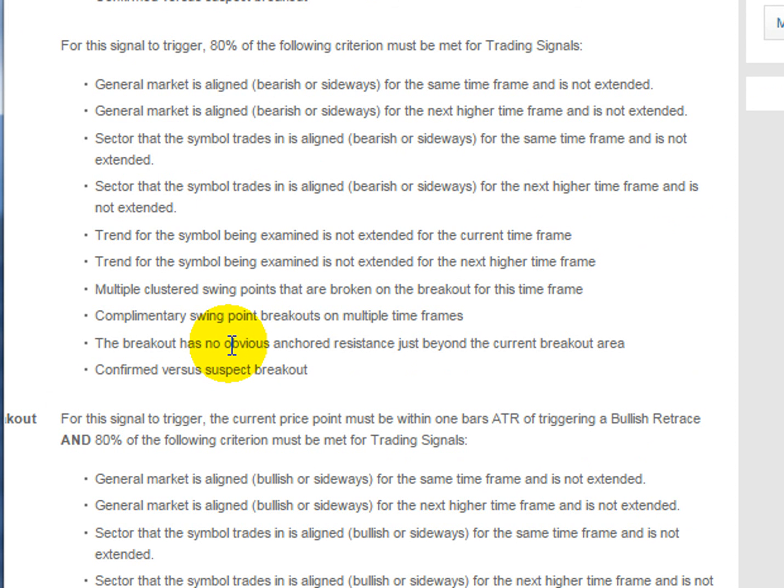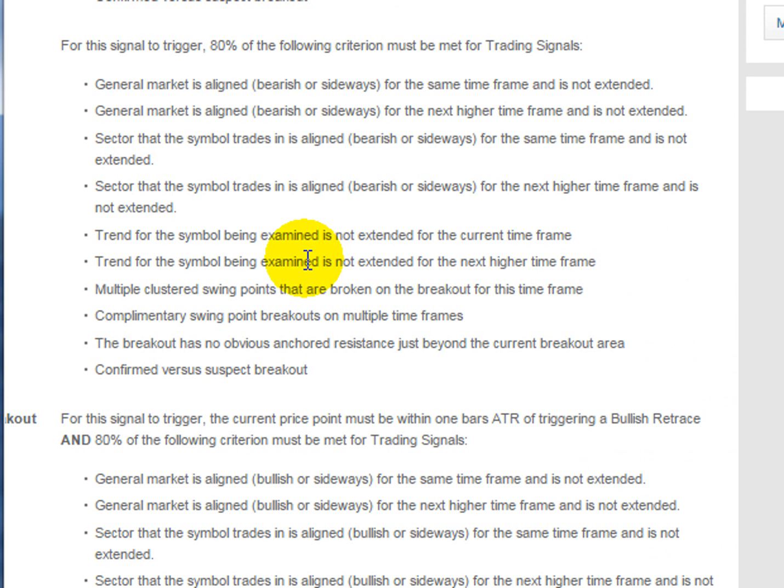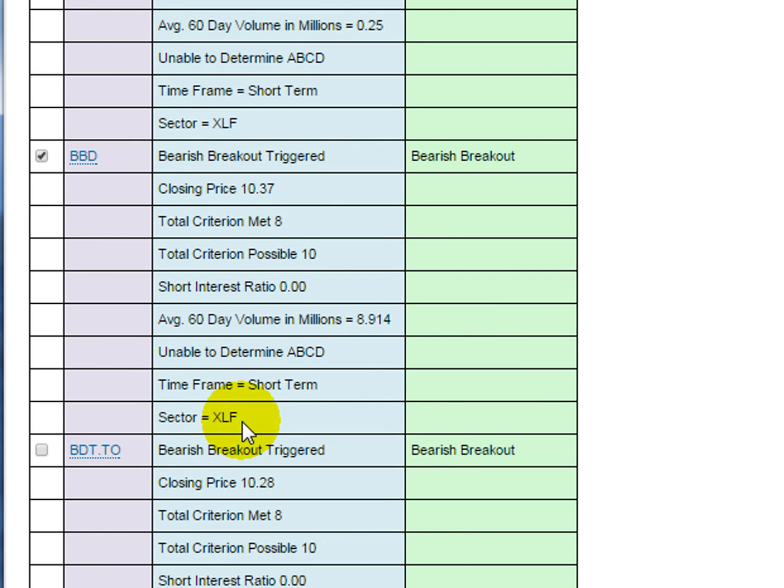If you have enough criteria, and it has to be 80% or more, that generate a signal, then it will show up over here on the trading signals. If it's less than 80%, it won't show as a signal. And so this gives you the details of what those criteria are, and then of course they pop up here when they are a signal.